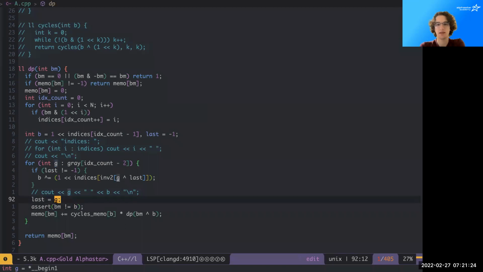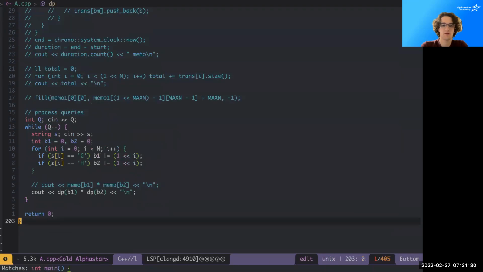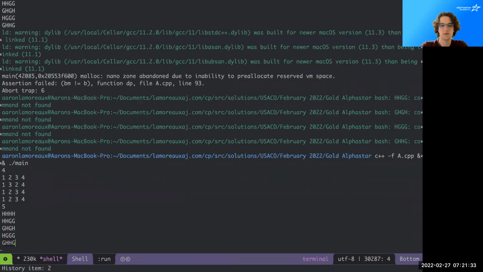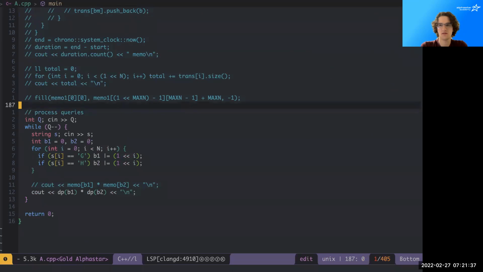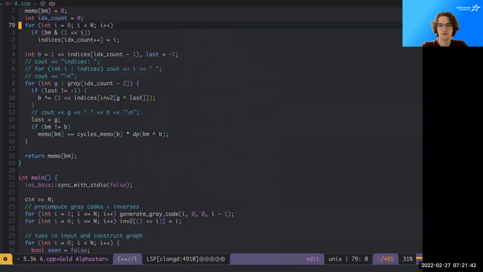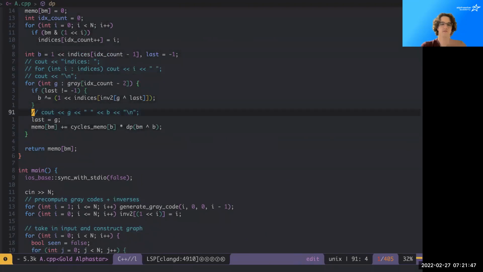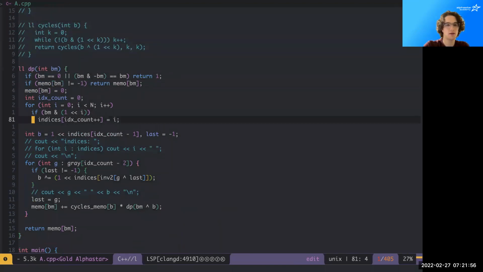If PM equals B, I guess it all equals 0. Yeah, that's correct. Well, where did this go wrong, then?